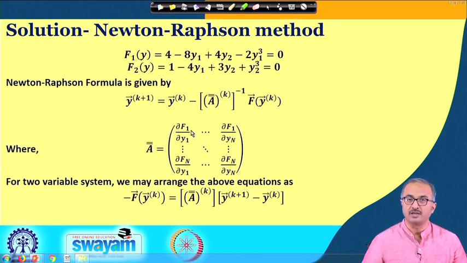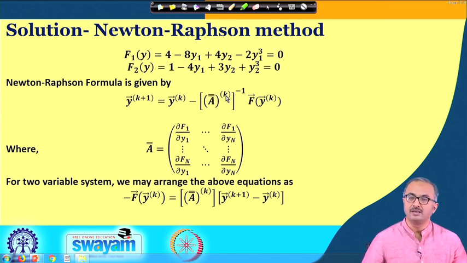That means we have to take the partial derivative of all the functions with respect to each of the unknown variables. So in this case we have two unknown variables and two functions. So this will be reducing to dou f1 by dou y1, dou f1 by dou y2, and dou f2 by dou y1 and dou f2 by dou y2. So that means it is giving rise to a 2 by 2 matrix.